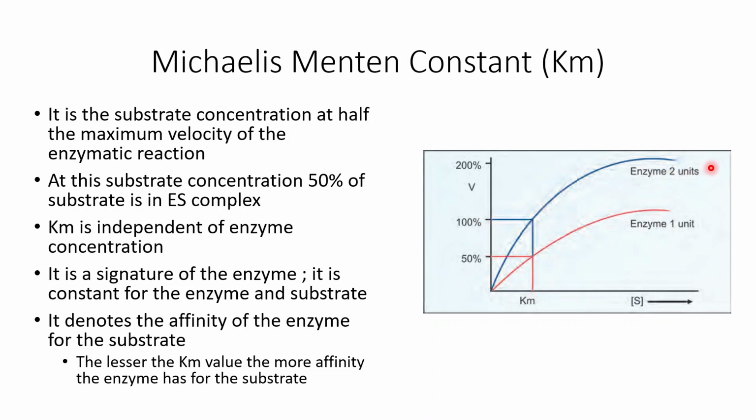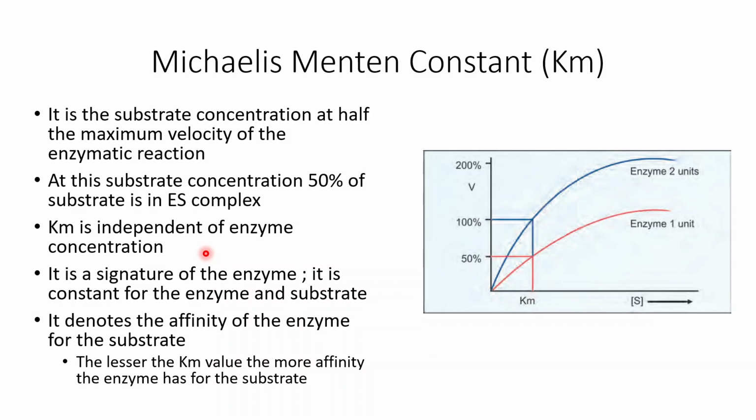Now we have doubled the concentration of enzyme, so obviously the reaction also becomes double the speed, so 200%. In both cases, if we take the Michaelis-Menten constant, that is the half the maximum velocity, the Km constant remains the same for both enzyme unit 1 or enzyme unit 2. So Km constant is independent of the enzyme concentration.